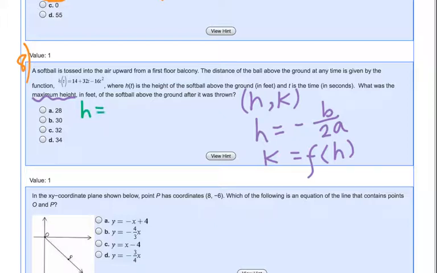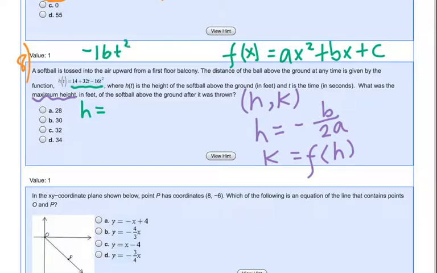For ax squared plus bx plus c, that's the quadratic function. So for the given one, you have to write down negative 16 t squared plus 32 t plus 14.